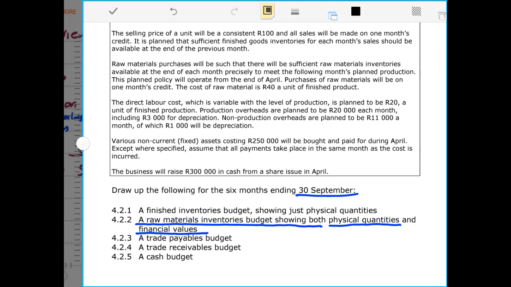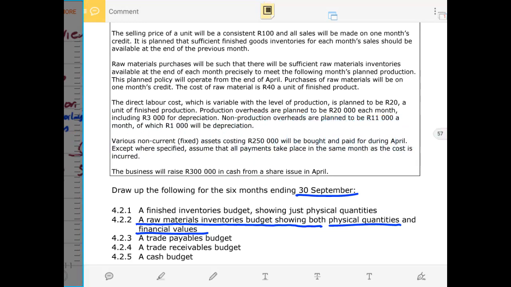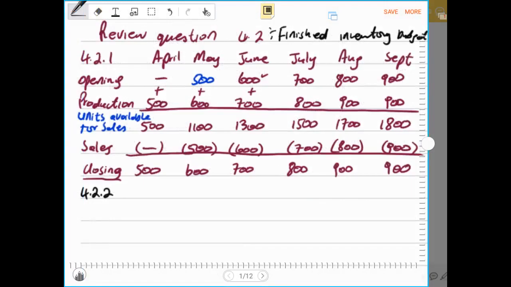So now we are looking at the units and the cost of the raw material that we will have by the end of the period, and the one that was purchased and the opening stock. So now we are doing the raw material budget.